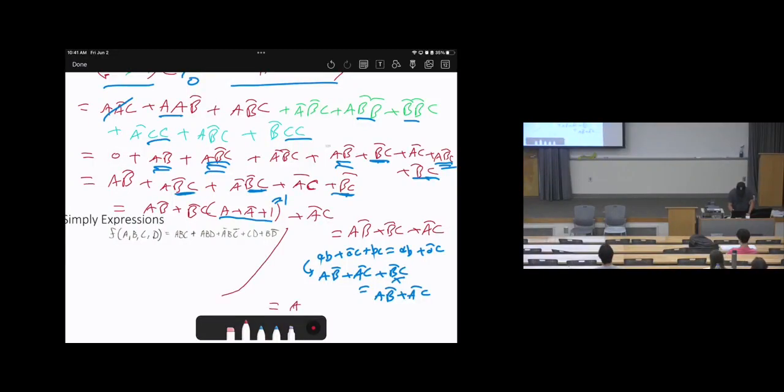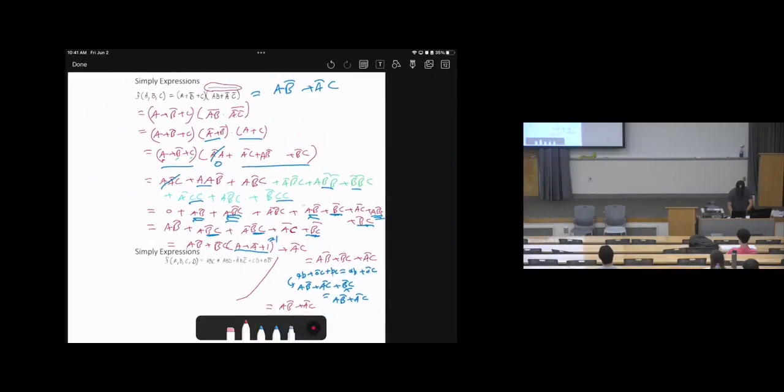It will be A B bar plus A bar C, and that's what we need to find. And that's it.